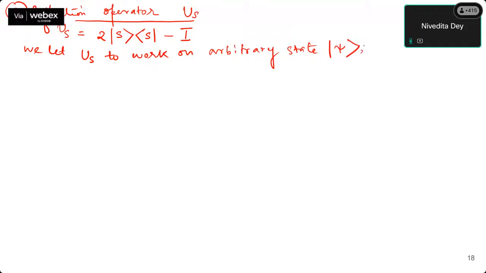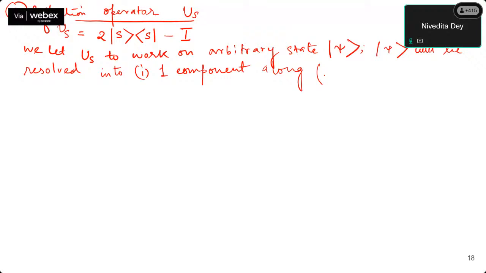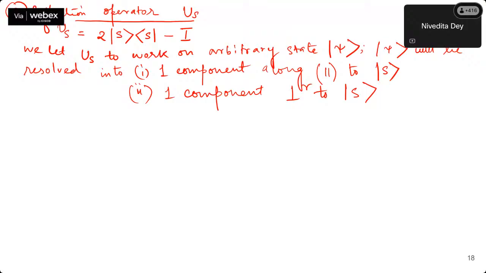Then on application of US, psi will be decomposed, or resolved, into one component along the standard state S, where along means parallel to this, and another resolved component perpendicular to the standard state S. So psi can now be written as psi parallel plus psi perpendicular.